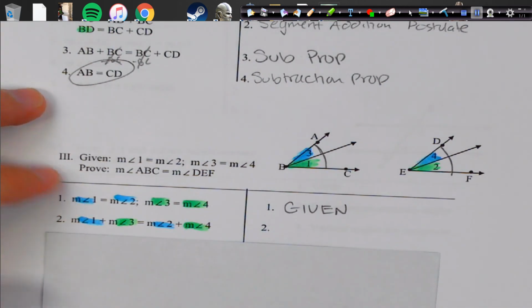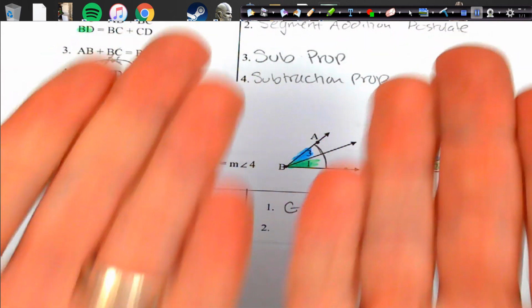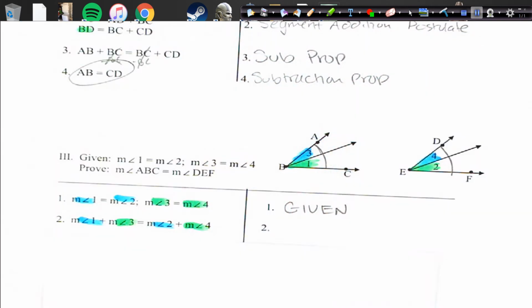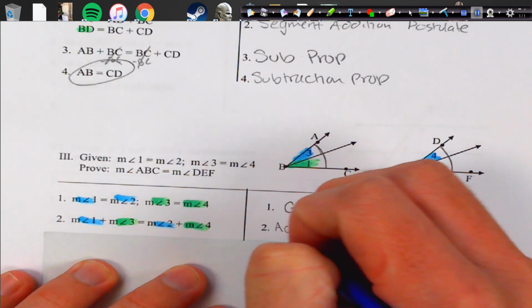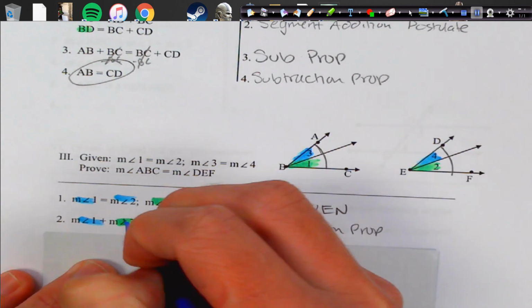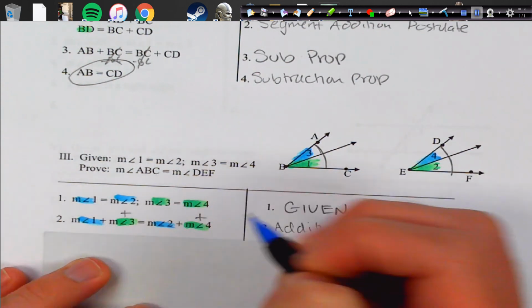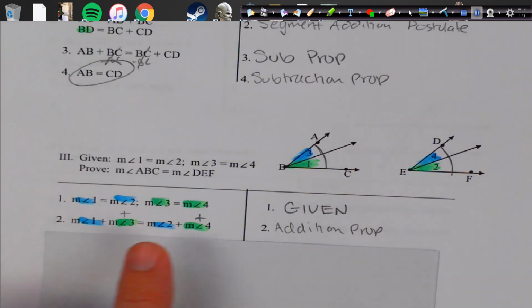So if I'm adding the same thing to both sides, it keeps my equation balanced. So this is actually addition property.